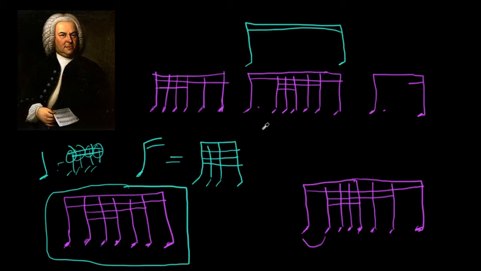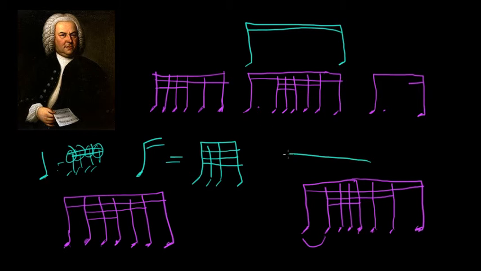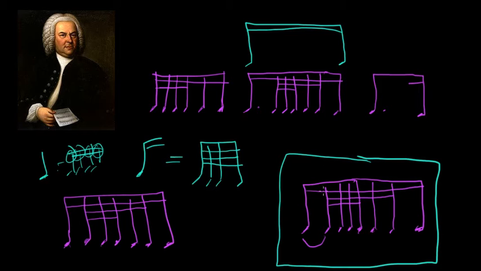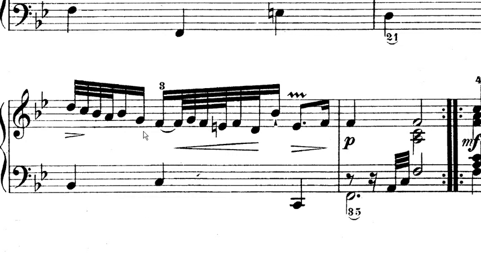Okay. And then this edition did it, and it makes sense. This is the edition by Carl Czerny, and we've got it right. So take a look. This is from sometime in the mid 1800s, and we've got one 16th note tied to four 64th notes, which equal another 16th note.